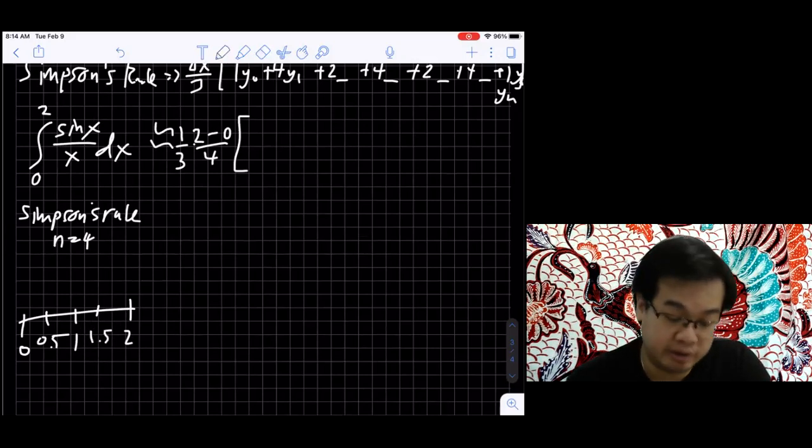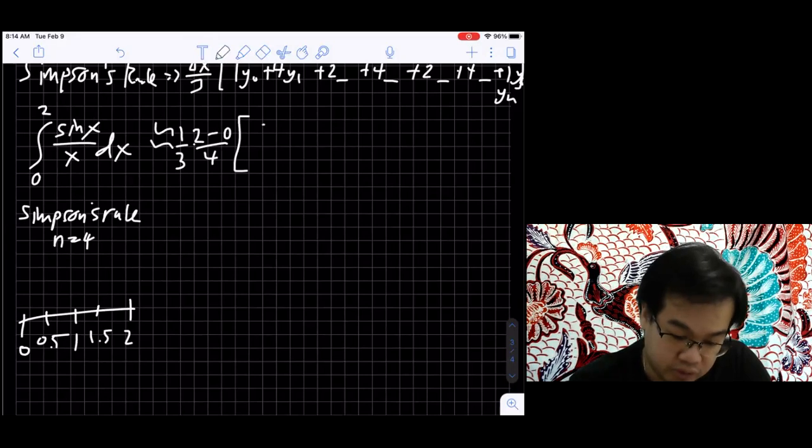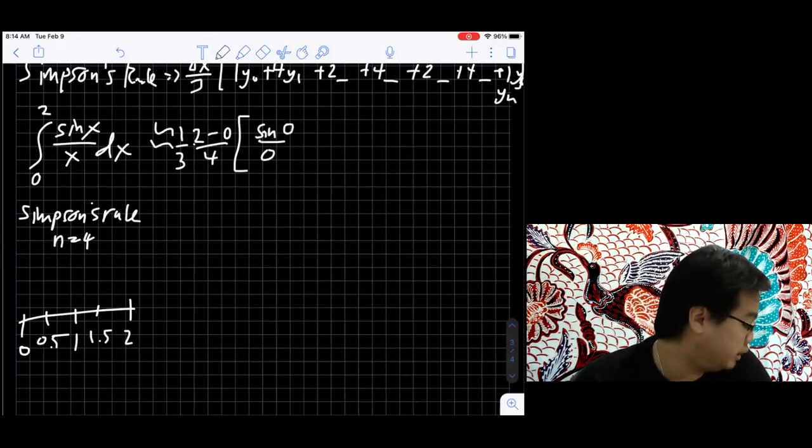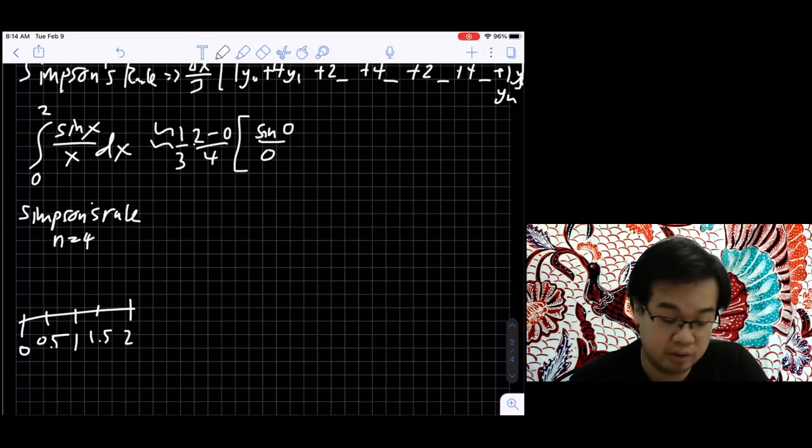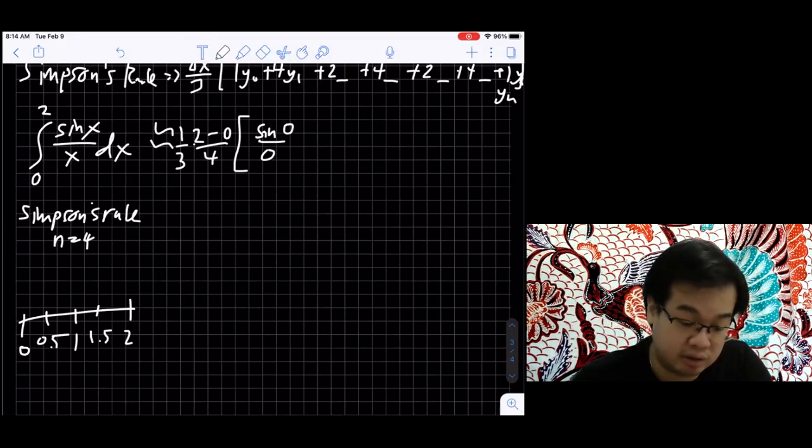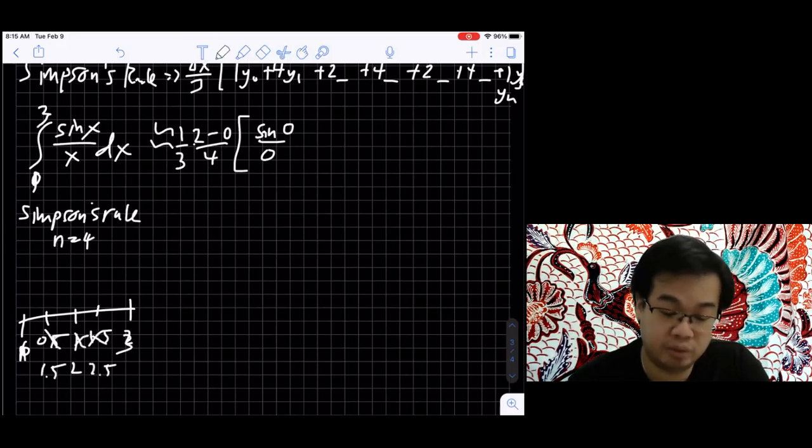Okay, so it starts with 0, so sine 0 over 0, I'm sorry, 0 is not supposed to be there. I'll just change it, I'll just change it to 1 until 3, so this is 1.5, this is 2.5, okay.